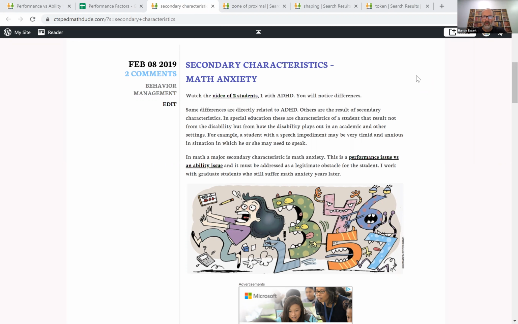Maybe it's at school or in a certain classroom or with a certain topic like fractions, and then the math anxiety kicks in. And that math anxiety is developed over time. It didn't occur with the disability, but it occurred eventually, hence the term secondary. That's an area that we could really get some mileage with. And that's often the place that I focus on early on in the process when I'm helping students.